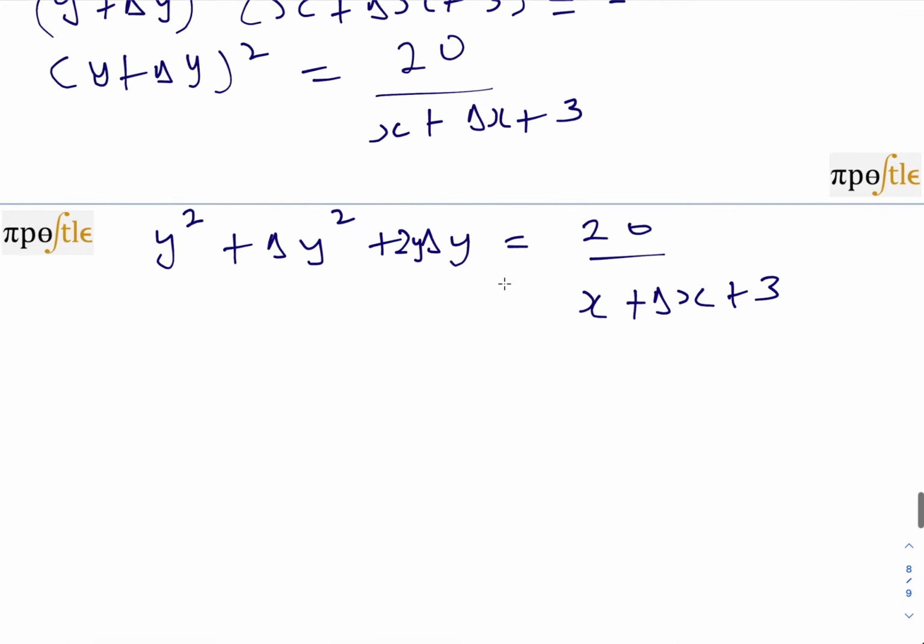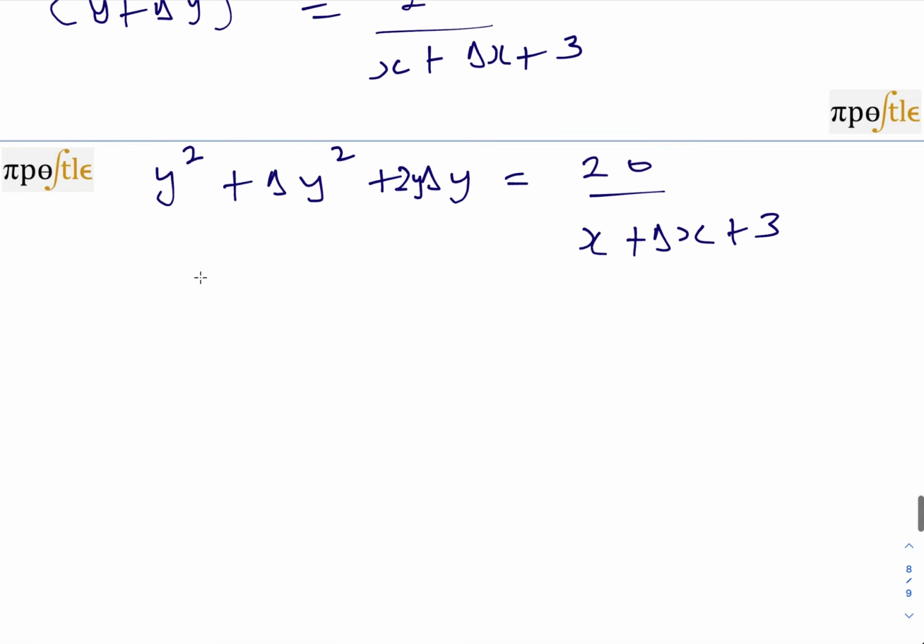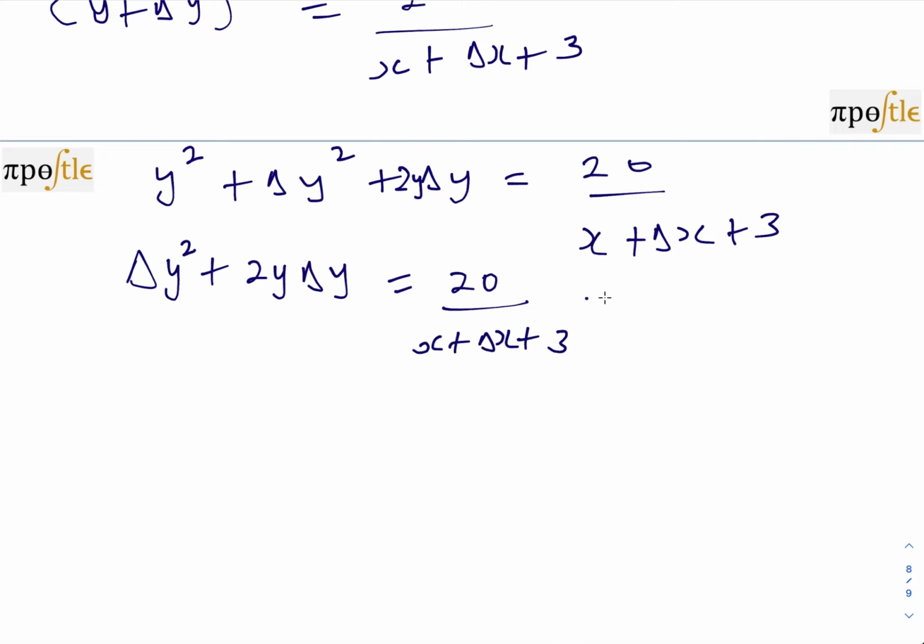Continuing from here, this is the same thing as y squared plus 2y delta y plus delta y squared equals 20 divided by (x plus delta x plus 3) minus y squared.